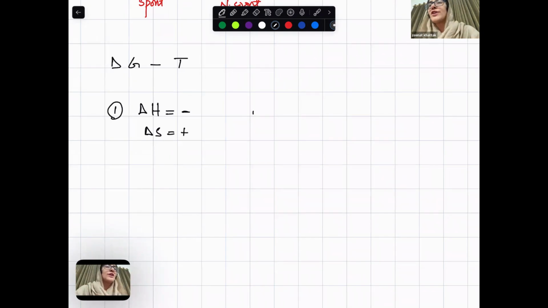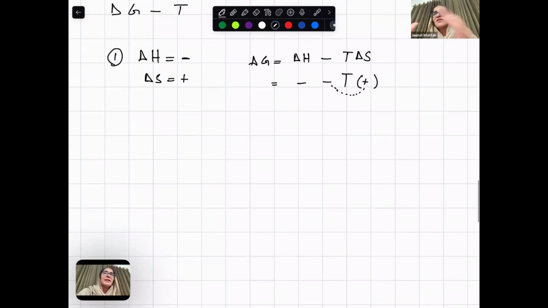For such a reaction, delta G is equal to delta H minus T delta S. Delta H is negative, and temperature is positive, so these two things are multiplied. Minus into plus is minus, and the sum of two negatives is always negative.